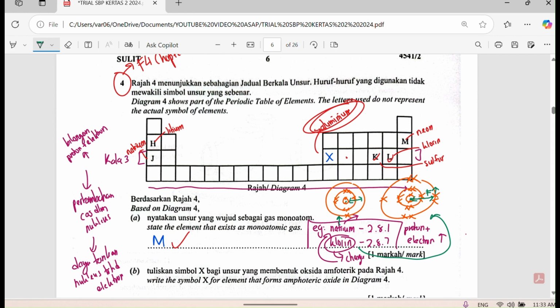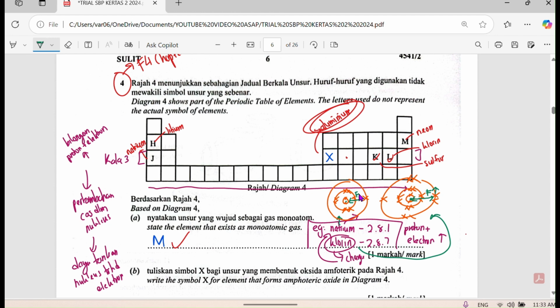Sorry, hold on a second. Let me just draw the electron here. See. Okay, right?